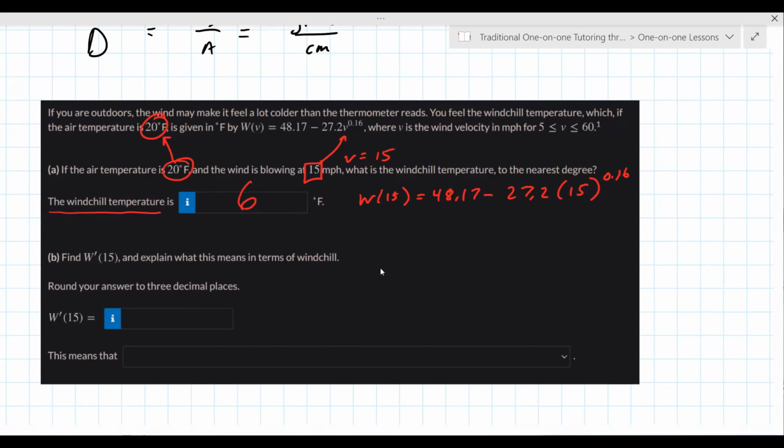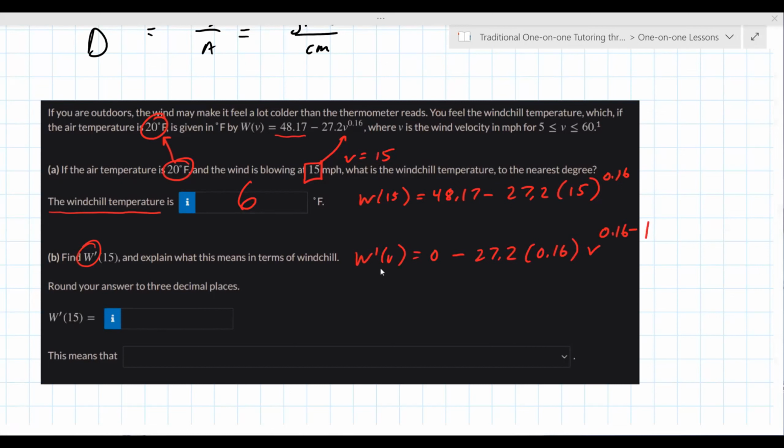Okay, the next one's asking about the derivative. So we have to be able to take the derivative of this thing. It looks complicated, but what is the derivative of a constant? 48.17, the derivative is 0, minus 27.2. And then you bring the exponent out in front. So it's 0.16 V to the 0.16 minus 1.